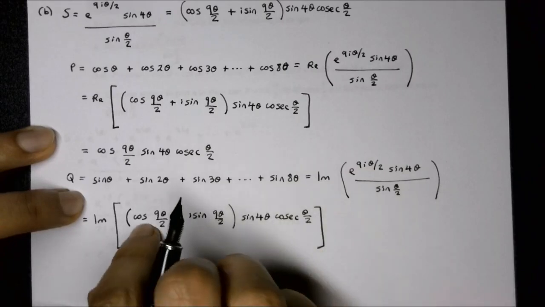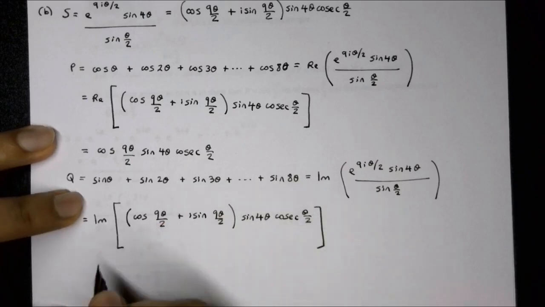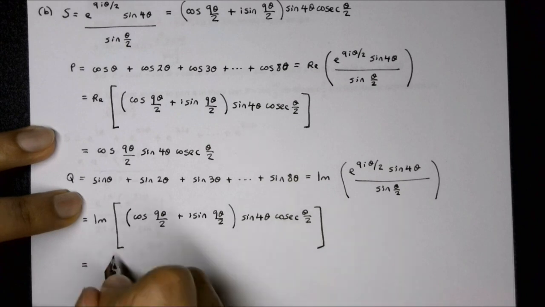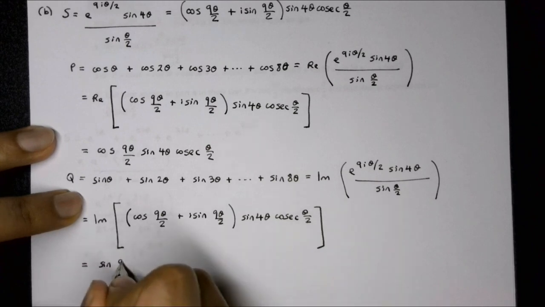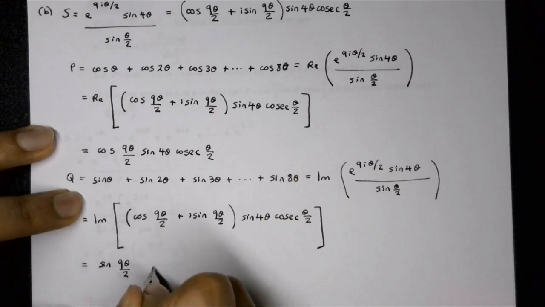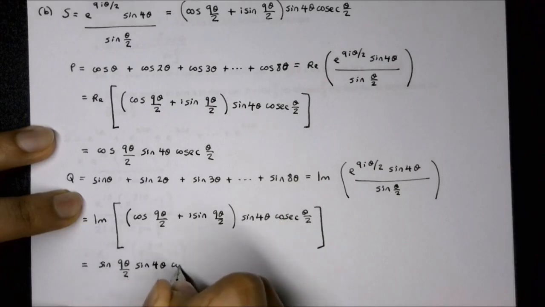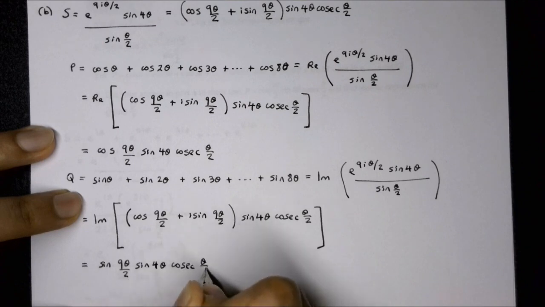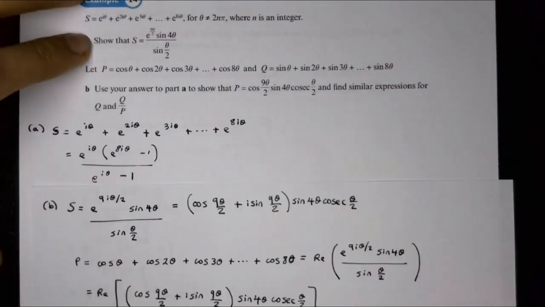Well, we're not going to include the cos of 9 theta over 2 times by this. That will give a real part. So the imaginary part, that will simply equal sine of 9 theta over 2 times by the sine of 4 theta times by the cosec of theta over 2. So that's what Q is.